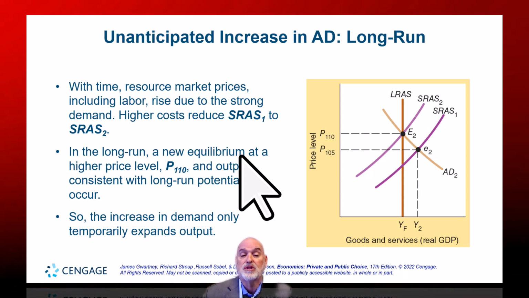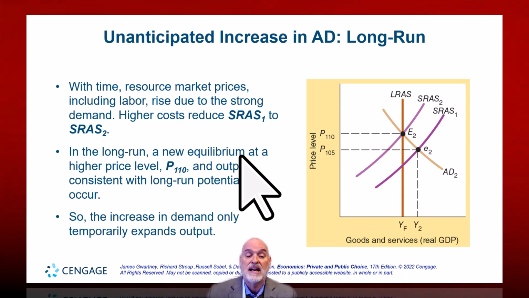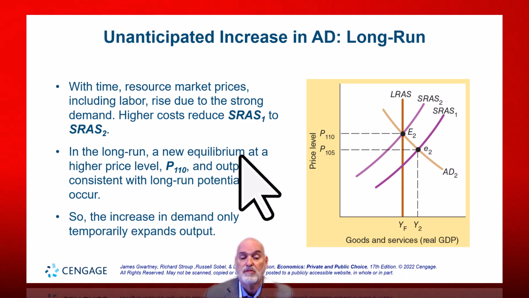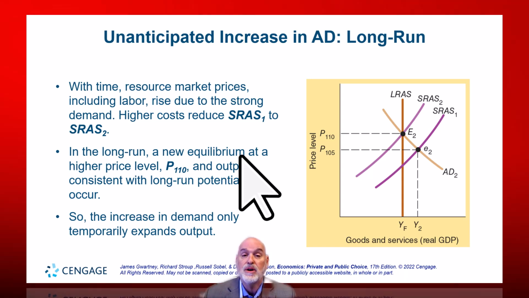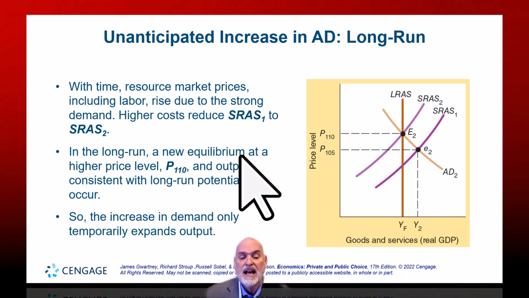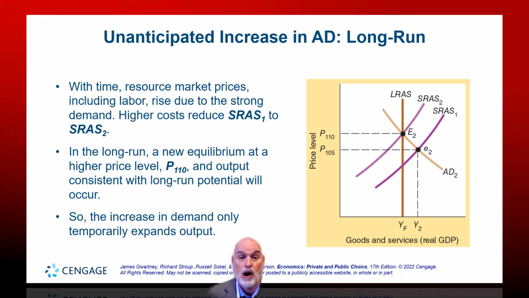Higher costs reduce SRAS1 to SRAS2. In the long run, a new equilibrium at a higher price level, P110, and output consistent with long-run potential will occur. So the increase in demand only temporarily expands output.